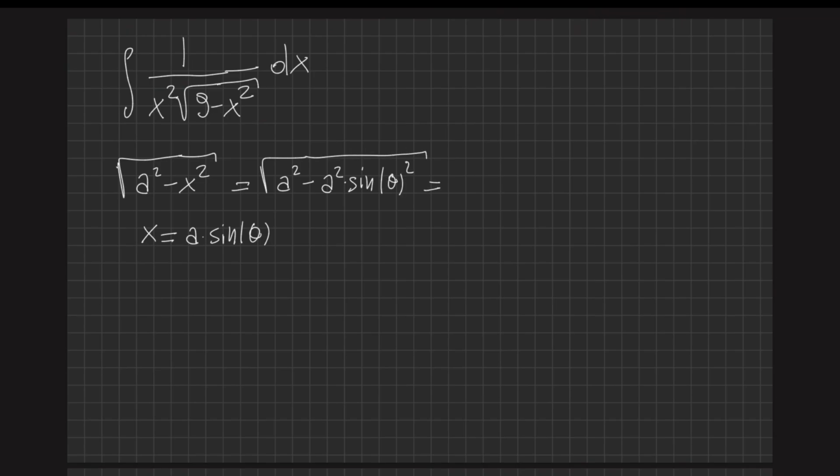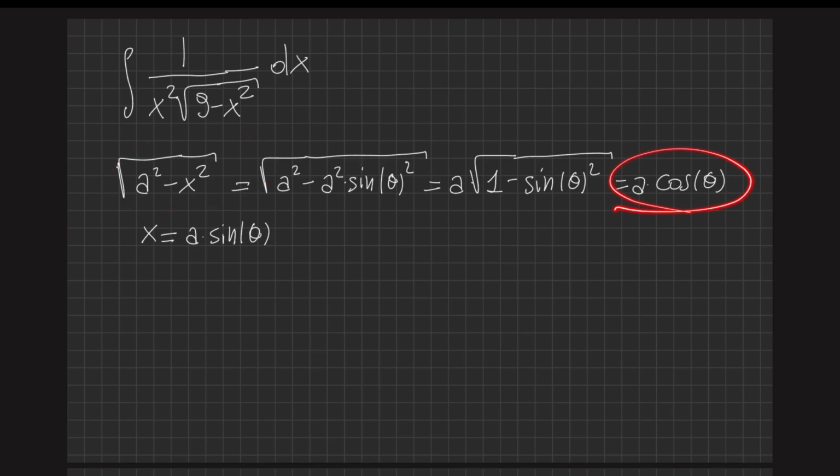We can factor out a squared and we get a times the square root of 1 minus the sine of theta squared. And now we know that 1 minus the sine of theta squared is equal to the cosine of theta squared. Taking the square root, this is just a times the cosine of theta. So basically, we simplified a square root into something which does not contain a square root anymore. So that's why this substitution is really good.